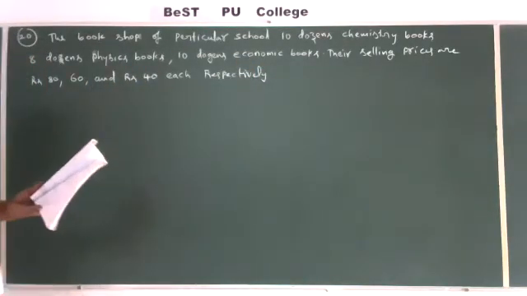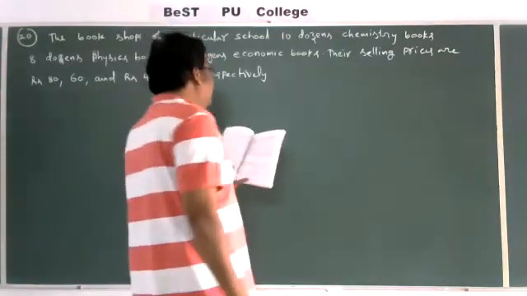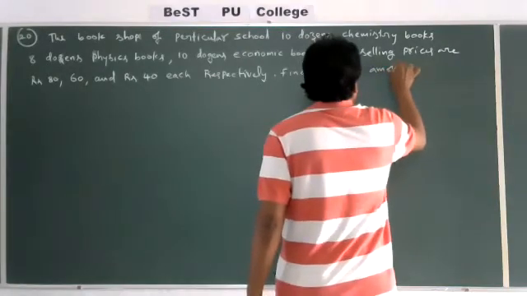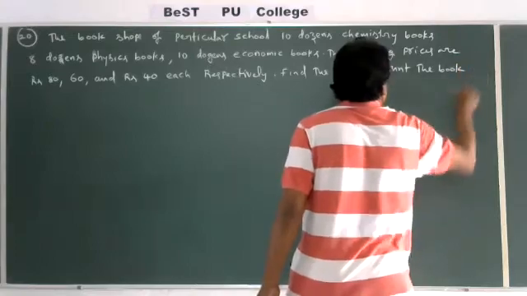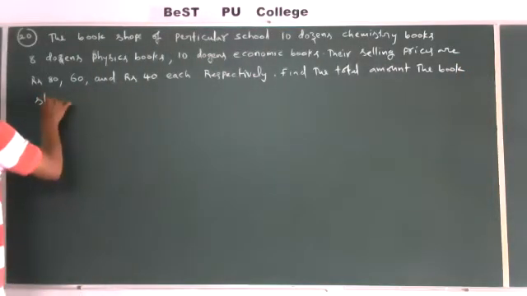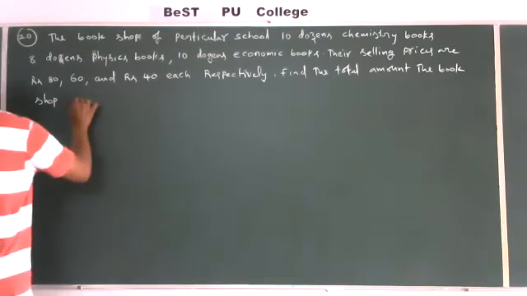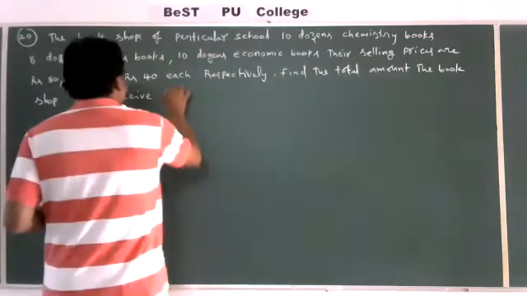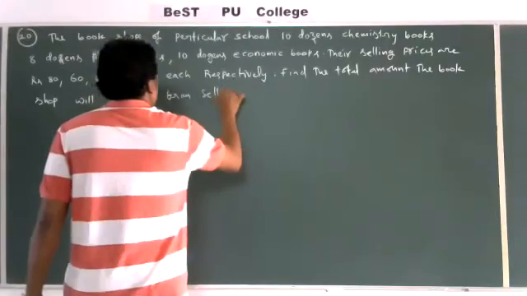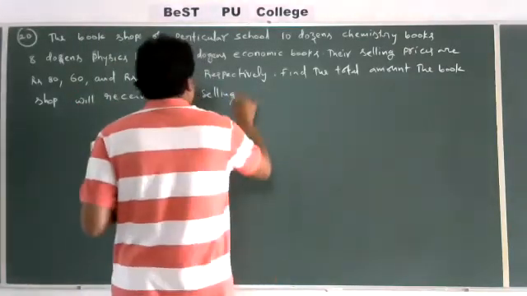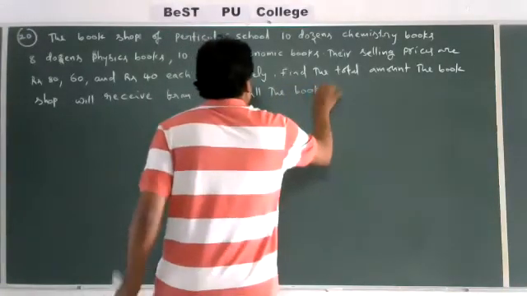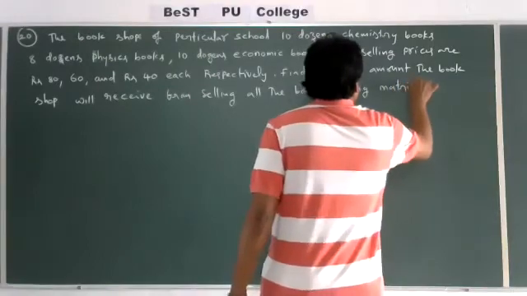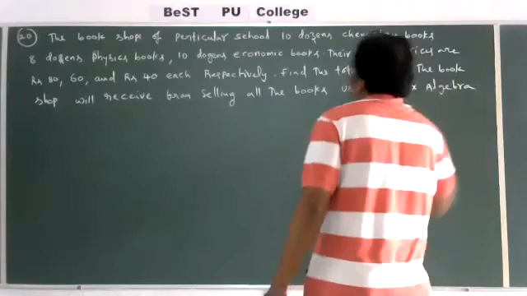Find the total amount the bookshop will receive from selling all the books using matrix algebra.